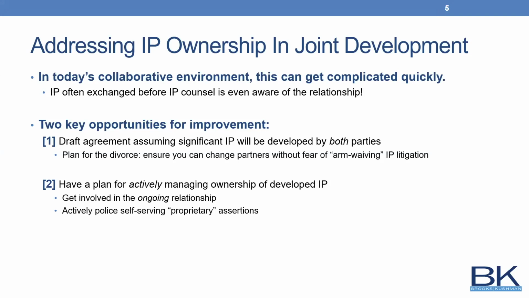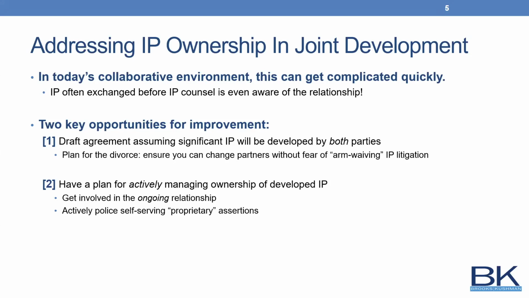But the first key opportunity is to recognize and accept that both parties are likely at some point in time to develop IP. You need to decide who's going to own it. It's got to be one party or the other. Having both parties own it is a practical problem. The other party is going to receive a license, and we'll talk about a model for doing that.